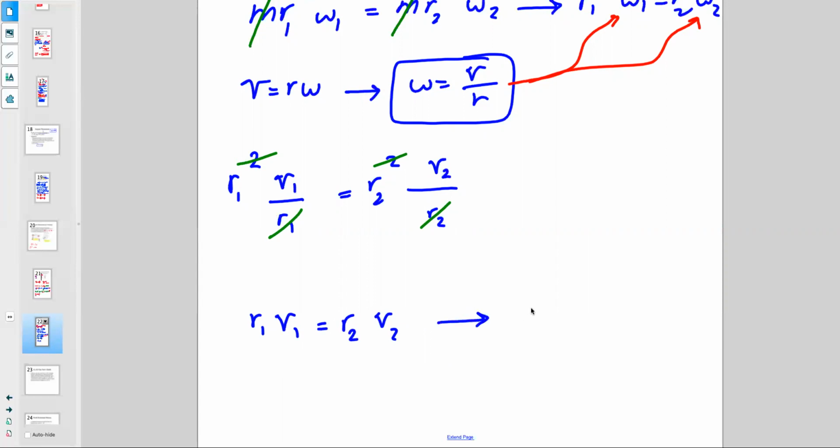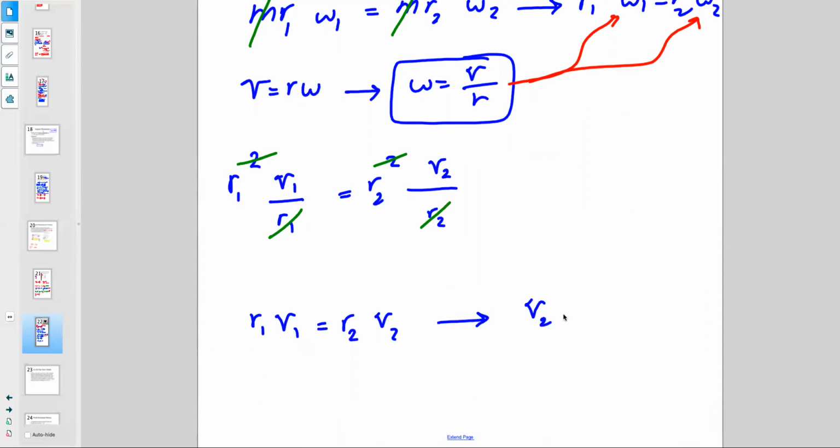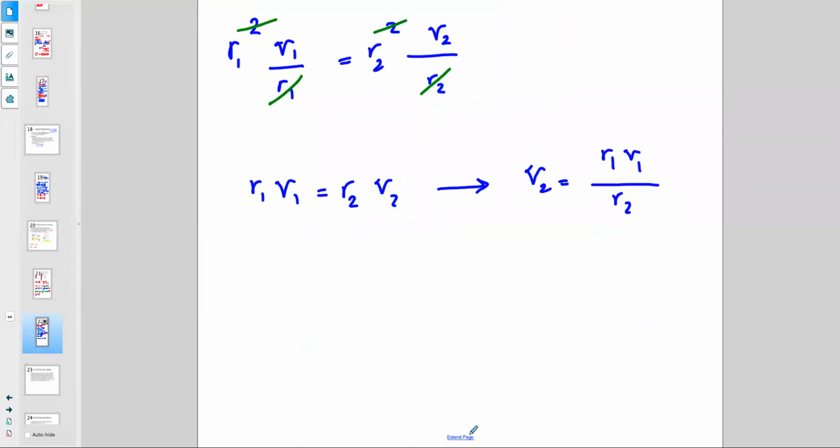So if you want to find v2, which is at this point, it would be equal to r1 v1 over r2. You have the values for both of them. So all you need to do is to substitute the values for r1, r2, and v1, and you can find a value for v2 using that.